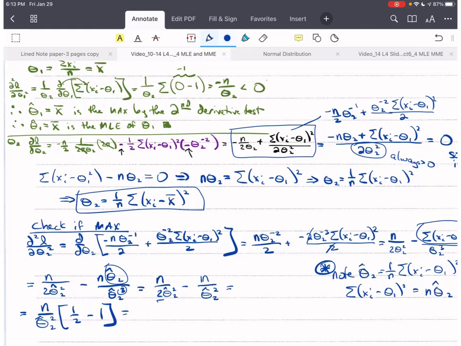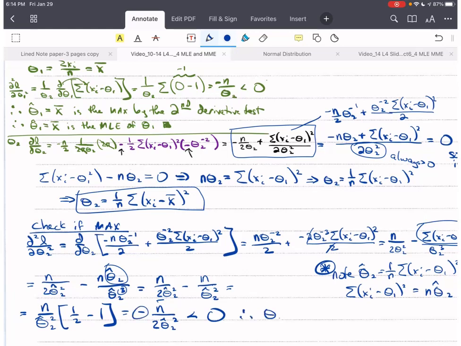So this is going to be negative 1/2 of this. So negative n over 2 θ2 hat squared, which is always less than 0 because n is positive, θ2 is positive, θ2 squared is positive, and this is a negative.